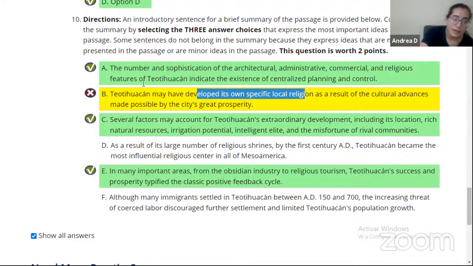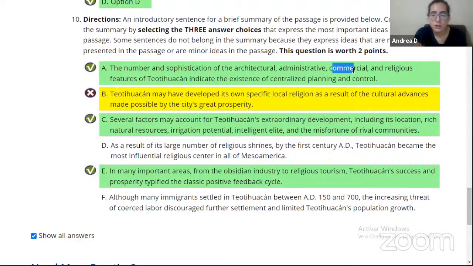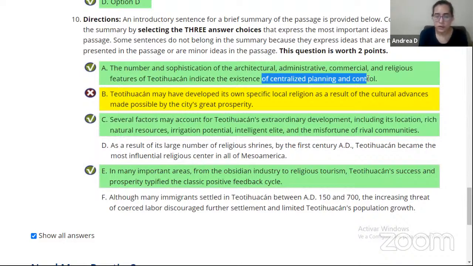On the other hand, if you look at A, C, and E, the 3 of them are quite broad. They talk about the development of Teotihuacan in many areas. For example, here we have sophistication of architectural, administrative, commercial, religious features of Teotihuacan indicate the existence of centralized planning and control. So that is basically telling you that Teotihuacan was a pretty organized center with many of their features, from architecture, commerce, administration, religion, what have you.